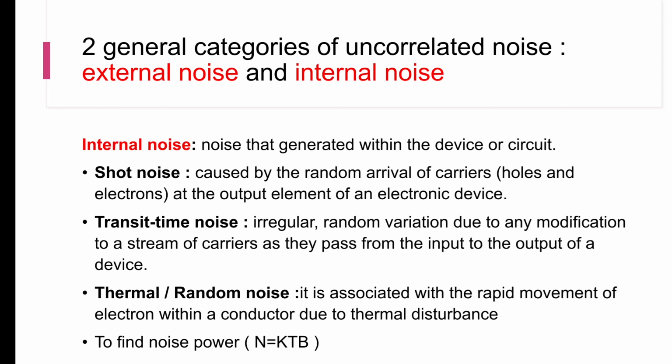Transit time noise is irregular random variation due to any modification to the stream of carriers as they pass from the input to the output of a device. Thermal noise, or random noise, is associated with the rapid movement of electrons within a conductor due to thermal disturbance. To find noise power, you have to use this equation.